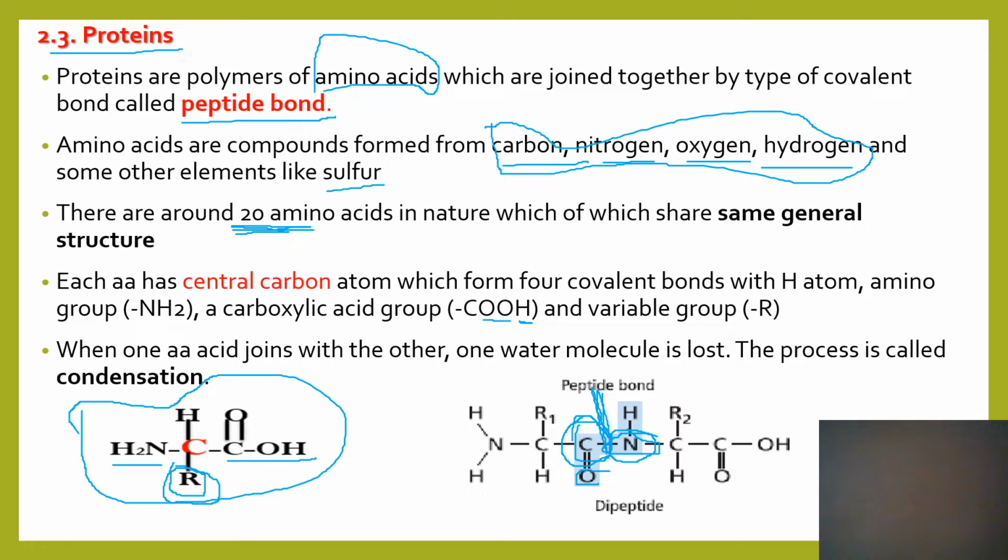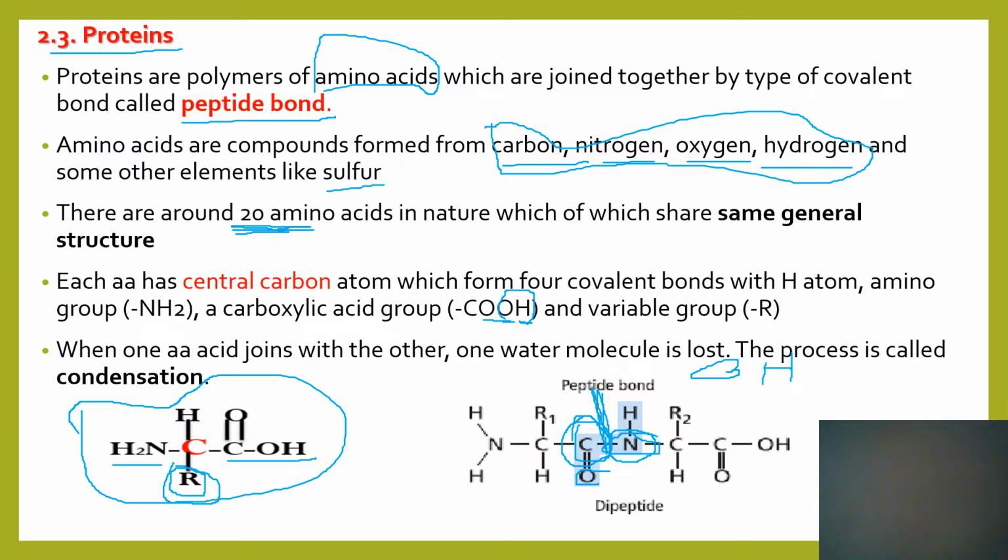Therefore, 1 oxygen atom and 1 hydrogen atom are lost from the carboxylic acid group of the first amino acid.